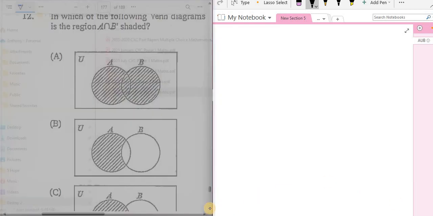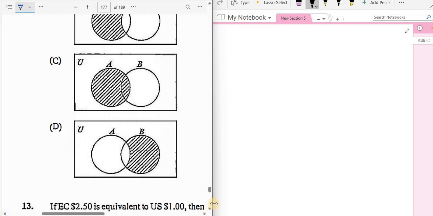Oh, the wrong side. I'm actually screwing up. Yeah, what's option C? No, look at option C again. Well, true, but what's the set notation?